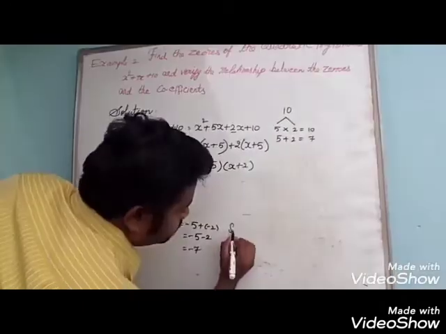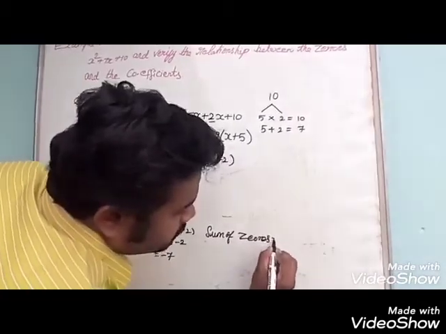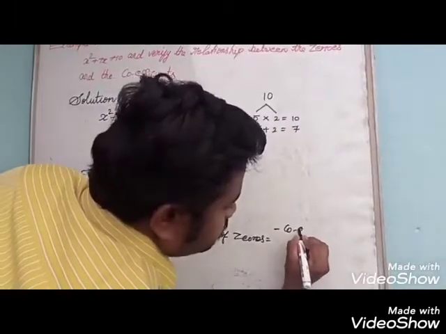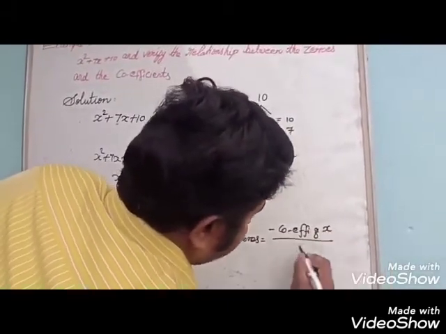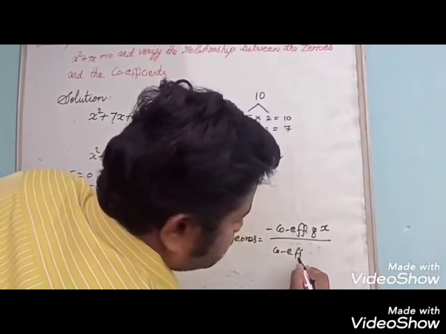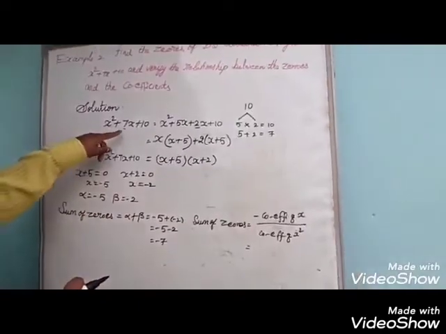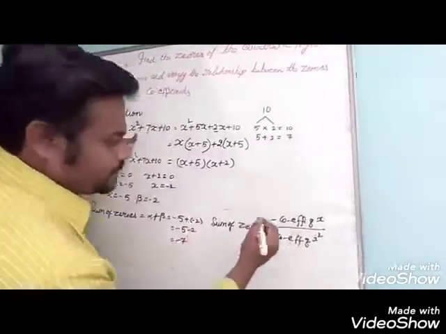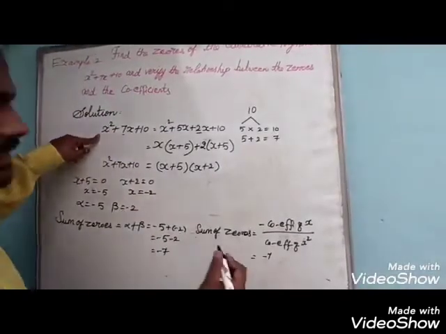And the coefficient: sum of zeros equals minus coefficient of x divided by coefficient of x square. The coefficient of x is plus 7, so minus 7 divided by the coefficient of x square, which is 1.